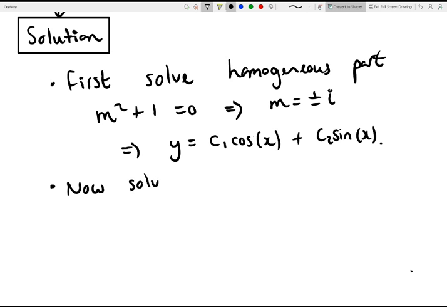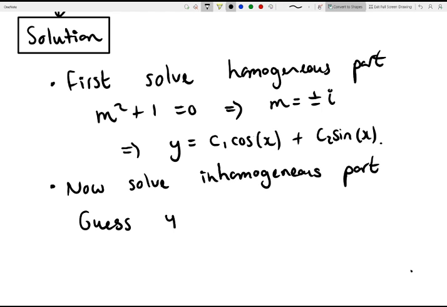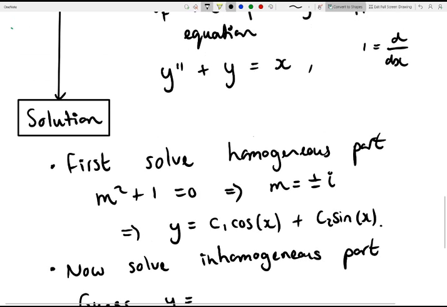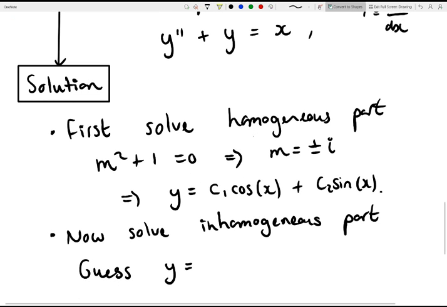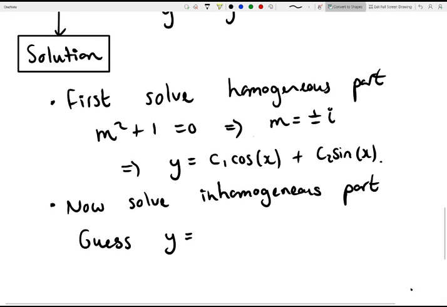Now to solve the inhomogeneous part, we make a guess, and because in the inhomogeneous part we have a polynomial of x, we make a guess of a polynomial up to and including that degree, a general polynomial.